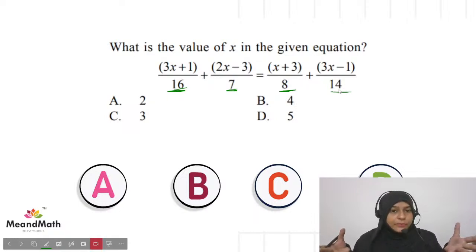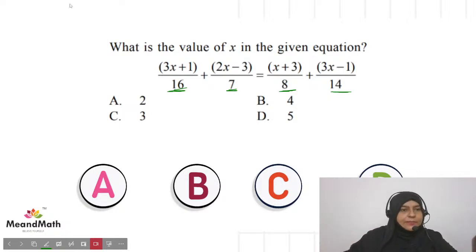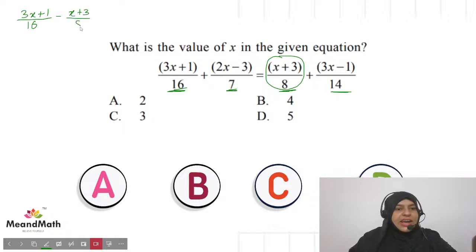So what can we do here? First of all, we can rearrange these terms so that the equation becomes simpler. For that, we take multiples of 8 on one side and multiples of 7 on the other side. So let's solve it. (3x plus 1) divided by 16. Now we can take this term on the left hand side, so it becomes minus (x plus 3) divided by 8.